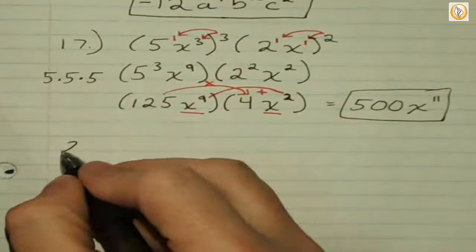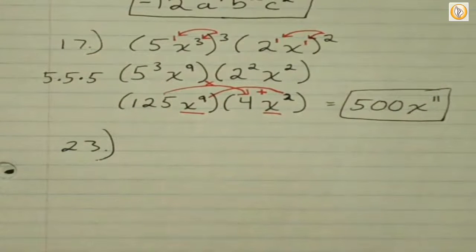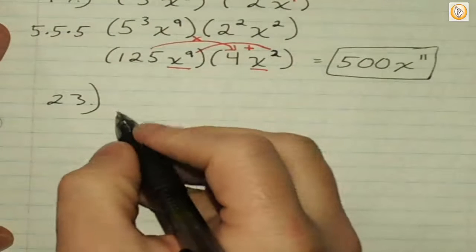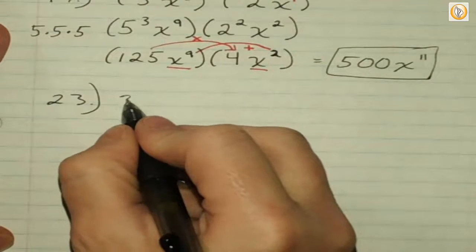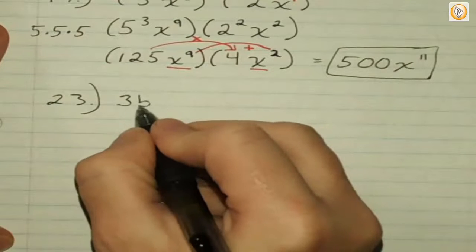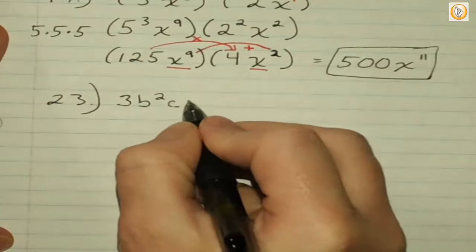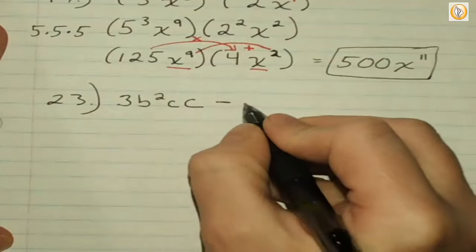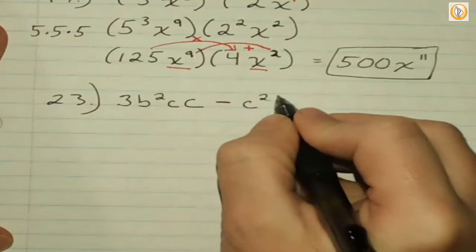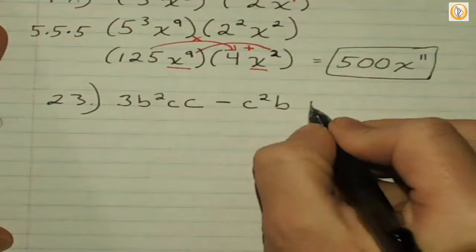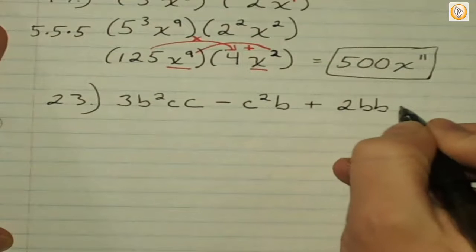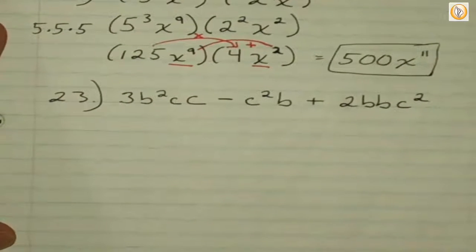All right, number 23. 3b squared c minus c squared b plus 2bbc squared.